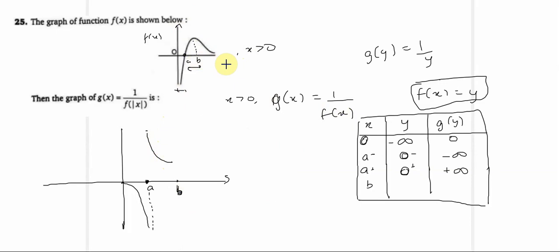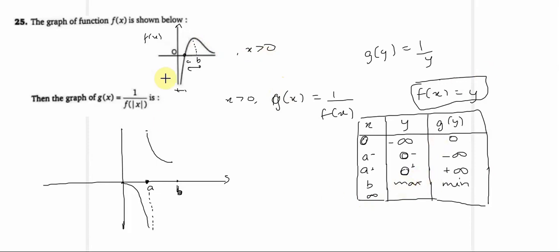Slowly comes down to 0 after that. So this is a minimum value. Sorry, it was a maximum value, a maxima for y. So therefore it becomes a minimum for g of y. Still a positive value, because f of x is positive. 1 by f of x is also positive.